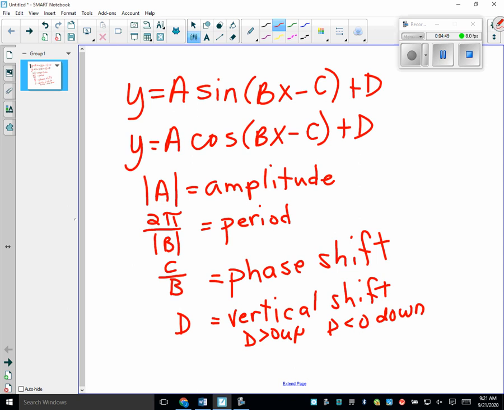Now, I didn't tell you about the phase shift. If it's in this form, it shifts right. If it's in the form bx plus c, it shifts left because it's backwards.